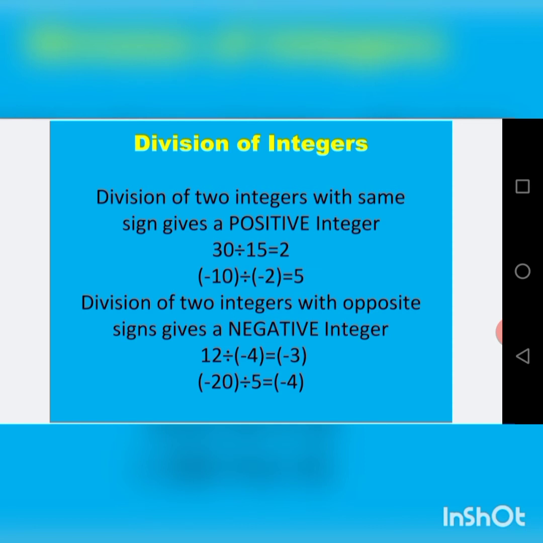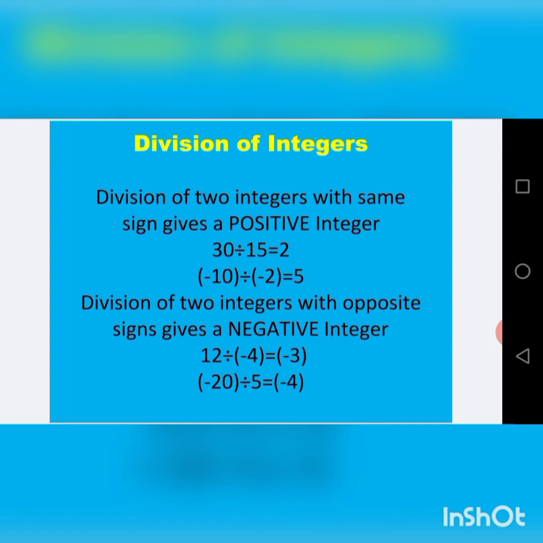Next, different signs, opposite signs. Division of two integers with opposite signs gives a negative integer. For example, 12 divided by minus 4 is equal to minus 3. Minus 20 divided by 5 is equal to minus 4. Division of two integers with opposite signs: 12 is a positive integer and minus 4 is a negative integer.